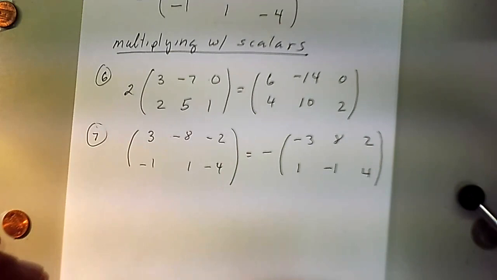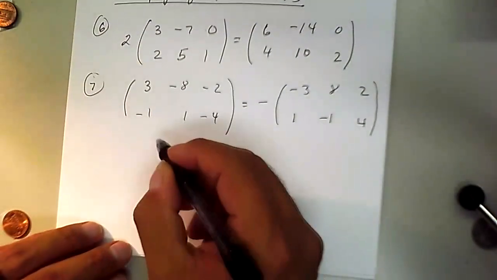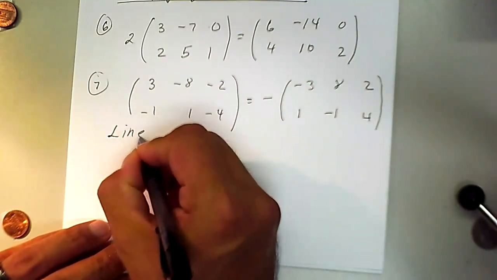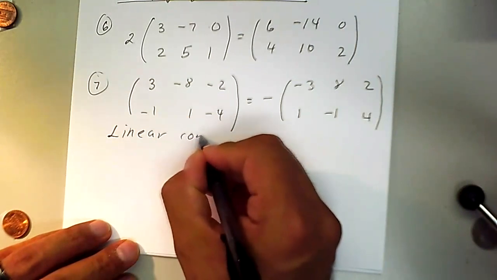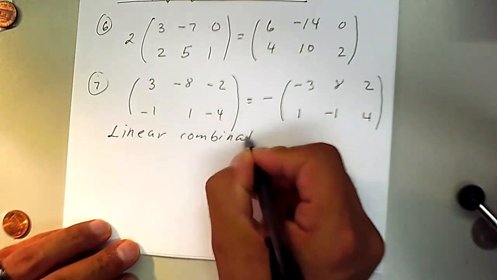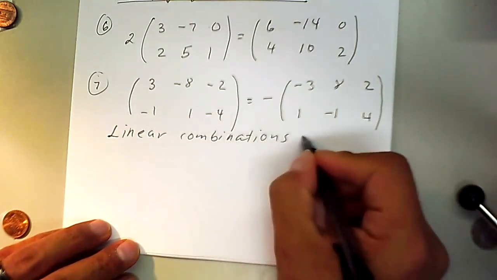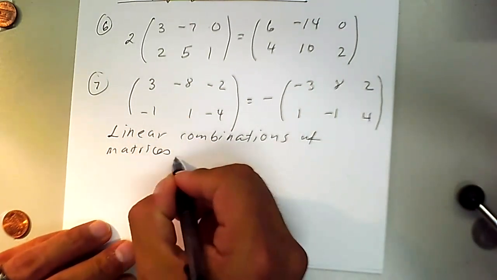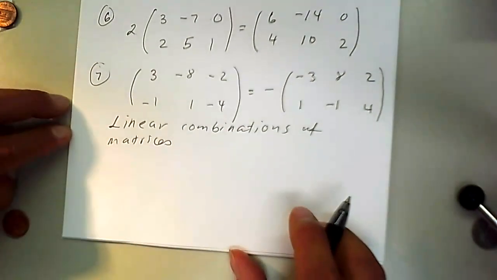All right, so we can add, subtract, and we can multiply by a scalar. So that means that we can have linear combinations of matrices, just as we did with vectors.